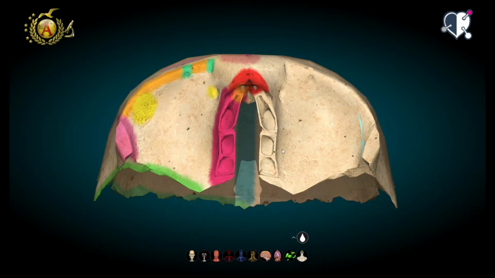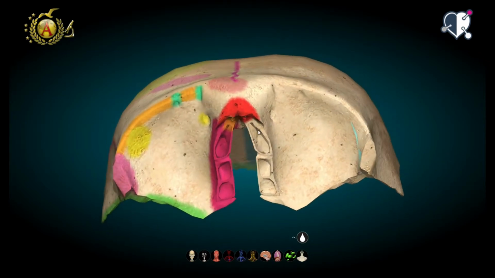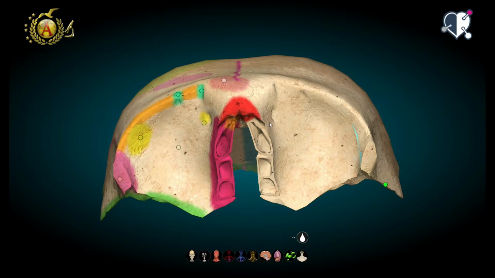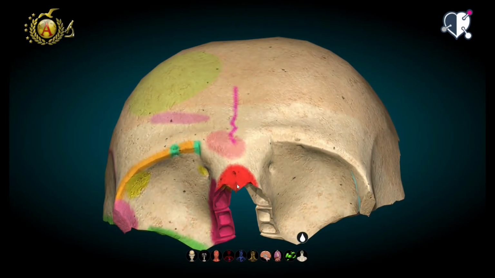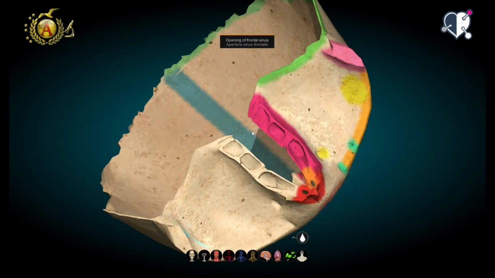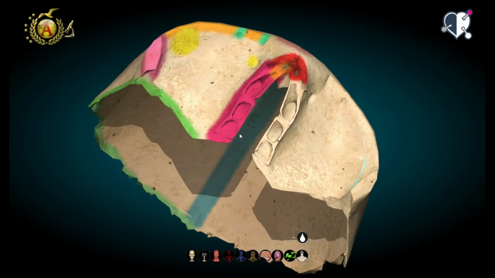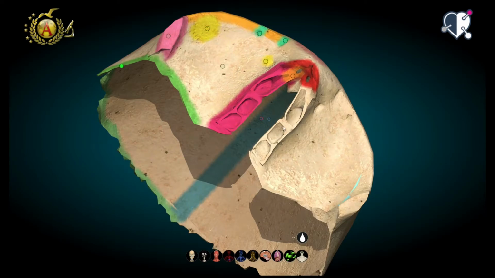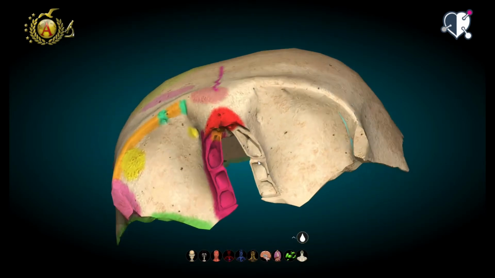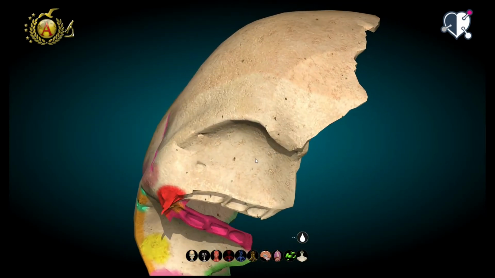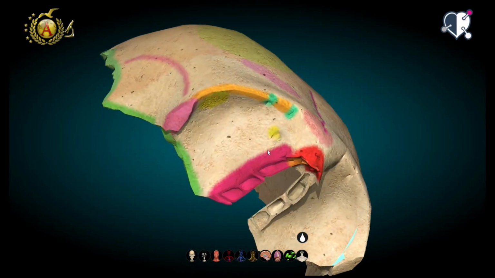As you can see, the ethmoidal notch has a horseshoe shape. There is an anterior spine called the nasal spine, thanks to which the frontal bone articulates with the nasal bone. There is also a series of cells known as superior ethmoid cells, through which the frontal bone, articulating with the ethmoid, closes some cavities.